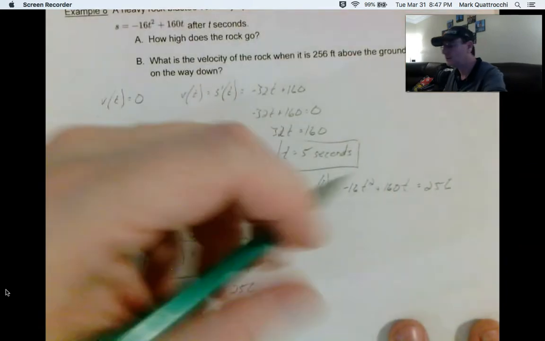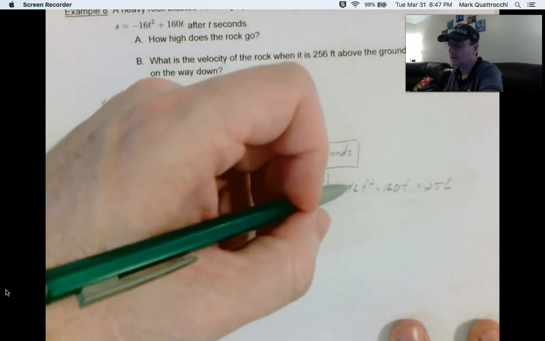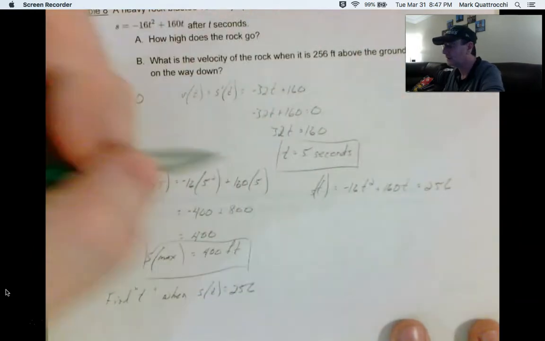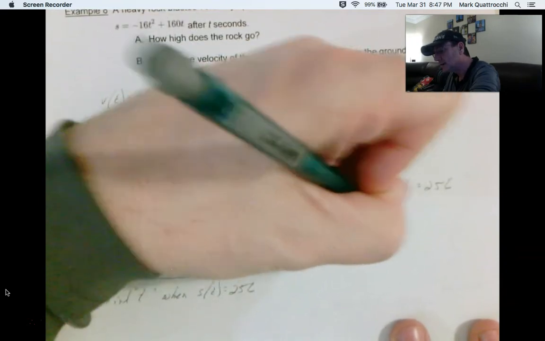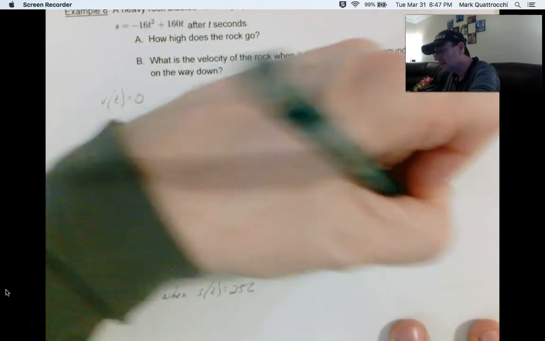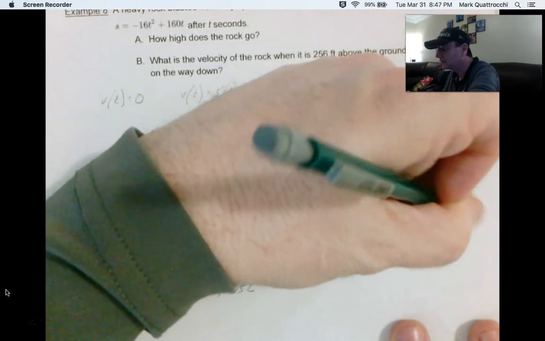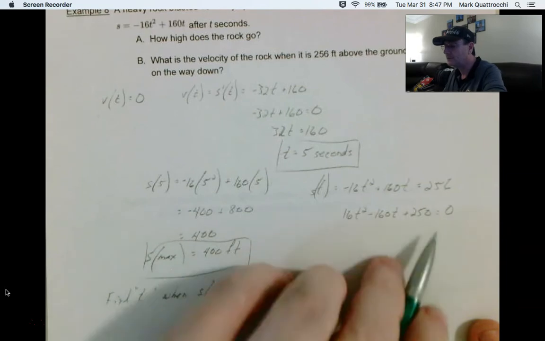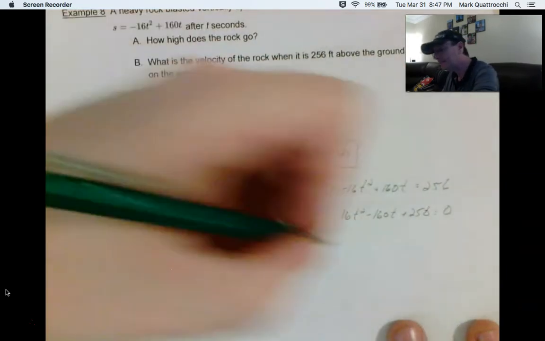Let's set this equal to 0. Subtract the 256. I'm going to add the 16t squared and subtract the 160t. So we have 16t squared minus 160t plus 256 equals 0. This can all be reduced by 16.